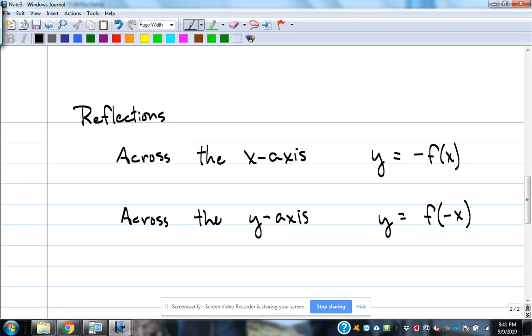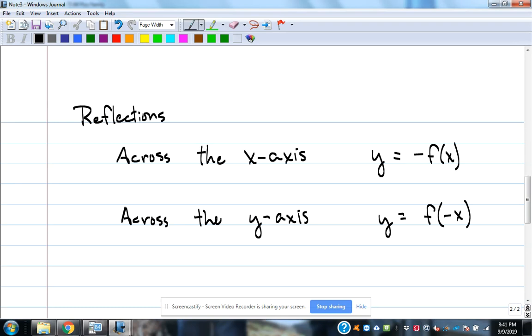So across the x-axis, where the x-axis is horizontal, like this, if I start up here and I reflect across the x-axis, that's going to end up down here. That changes the sign of the y values. So that's a vertical movement. Notice how it's on the outside. The negative's on the outside for across the x-axis. That's a vertical movement, so it's on the outside.